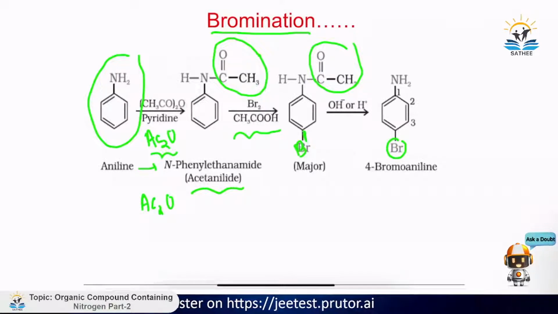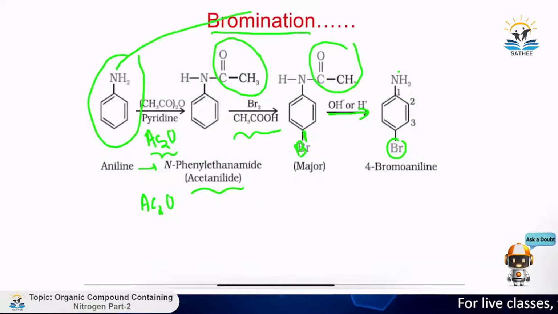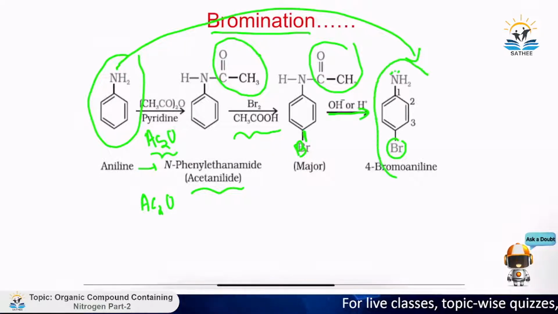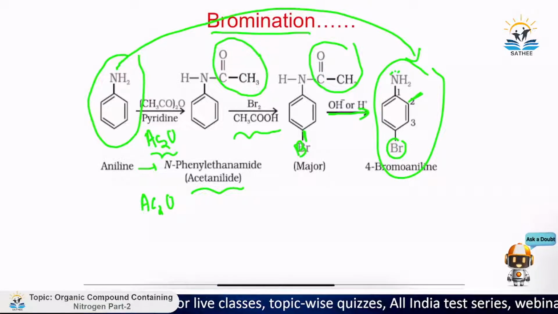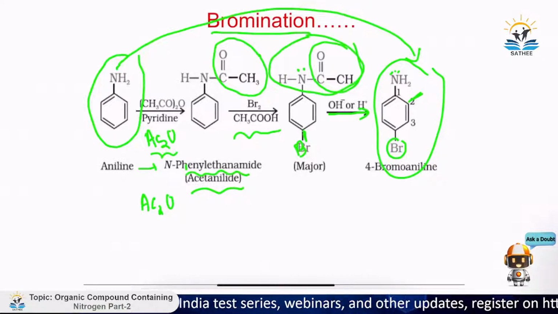And when we react it with H plus or OH minus, then this group leaves and we get NH2, the group which we wanted in the product. So this will be the final product, and we see that 2,4,6 tribromoaniline, like it was being formed in the previous reaction, does not happen, because now we substituted aniline with our ethanamide group, this group that we call acetanilide.